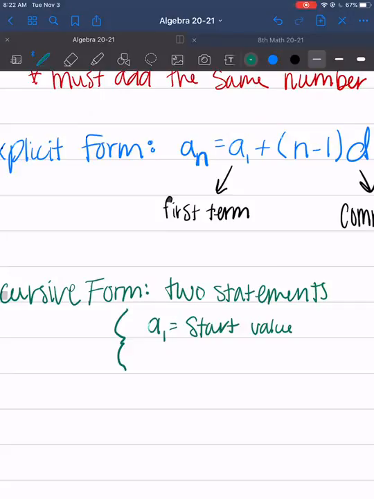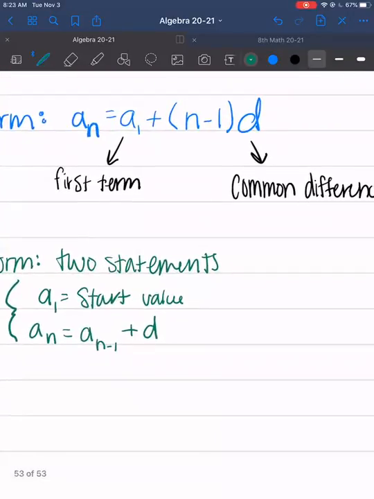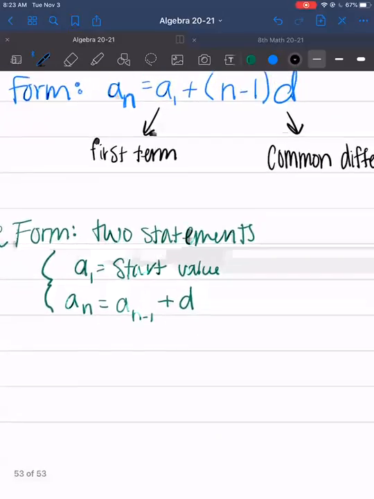Then we use the general rules for the sequence to find the missing term or the desired term. So our formula for the recursive form is A sub n equals A sub n minus 1 plus D. So let's talk about what each thing is. A1 is the first term in the sequence.